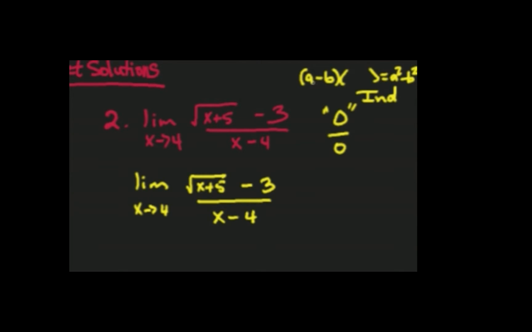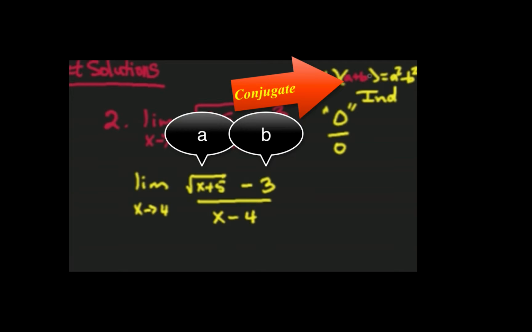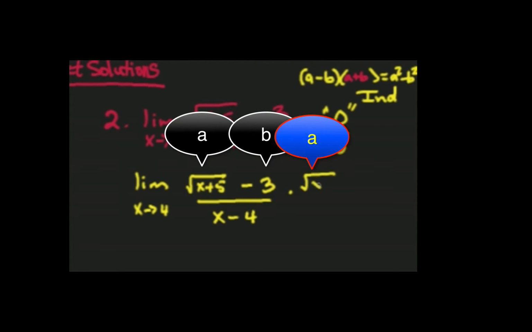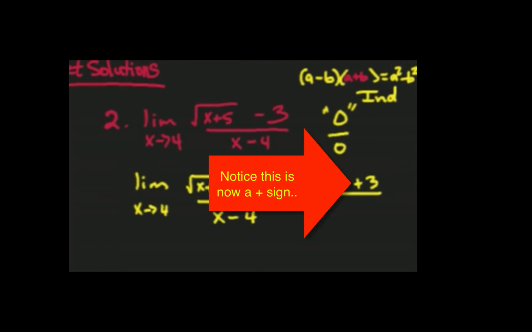So that something we're looking for is a plus b. It's called the conjugate. So again, your a is the square root of x plus 5, and then plus 3, and then the square root of x plus 5 plus 3.